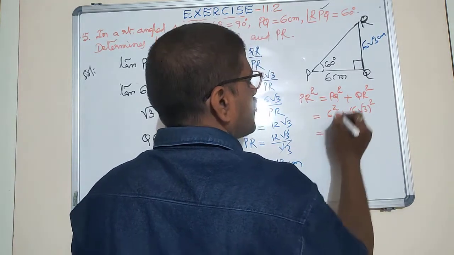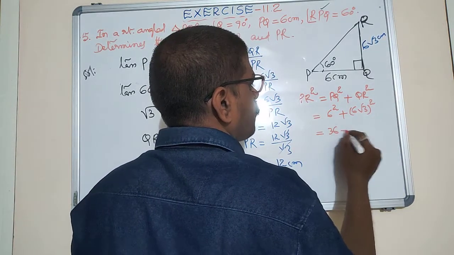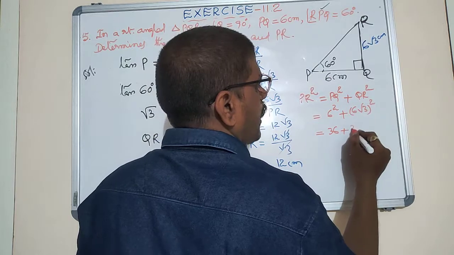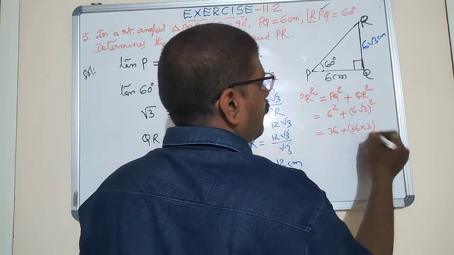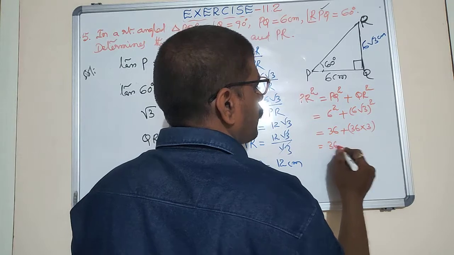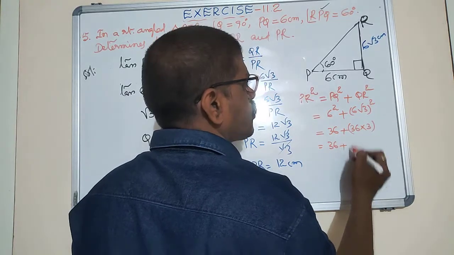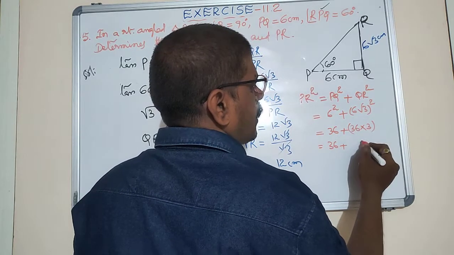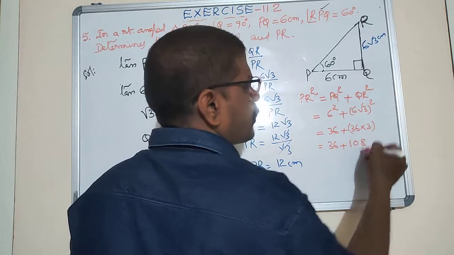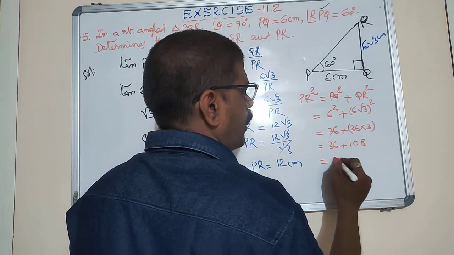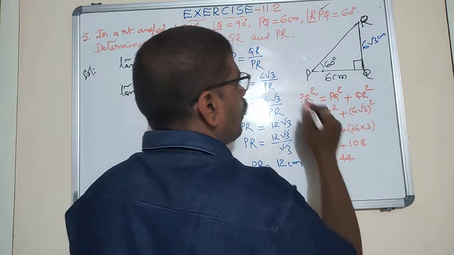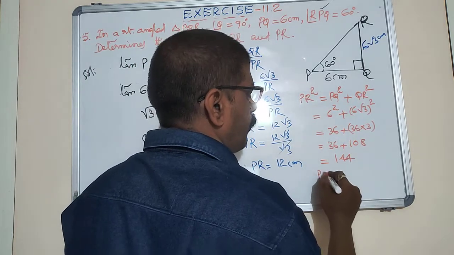That is 6 square is 36 plus 6 square is 36 into root 3 whole square is 3. That is 36 plus 36 into 3, which is 108. Now this value is 144. So PR square is 144.